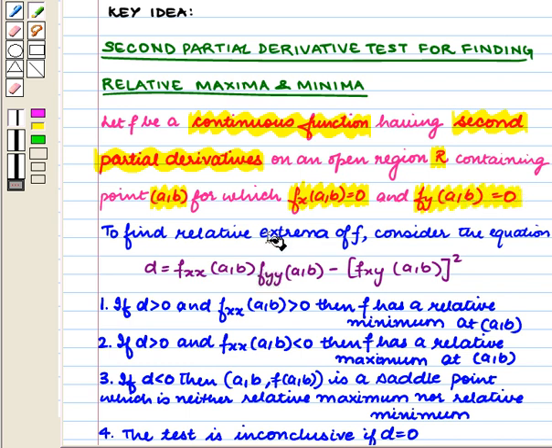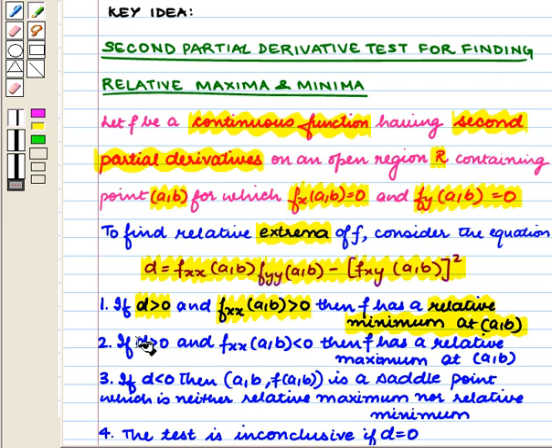To find relative extrema of f, consider the equation D equal to f sub double x at AB into f sub double y at AB minus f sub xy at AB whole square. If D is greater than 0 and f sub double x at AB is greater than 0, then f has a relative minimum at AB.